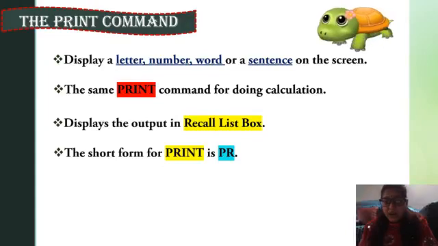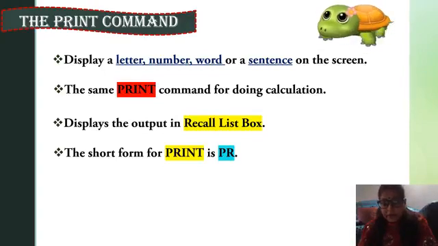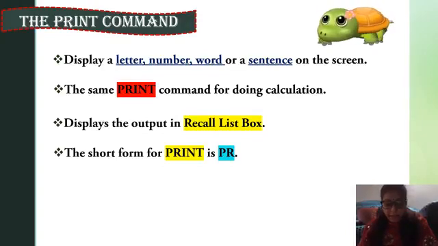Means you can't write so many things in one go. You have to write print, then the number, then enter, and then again write print and then a word like that. So children, let's see practically how it works.